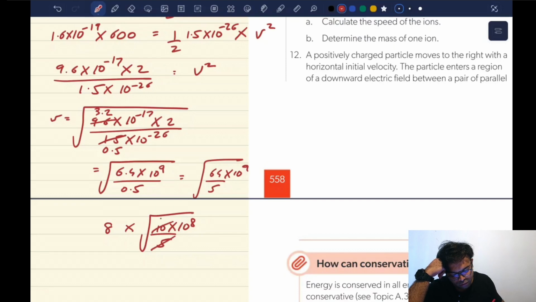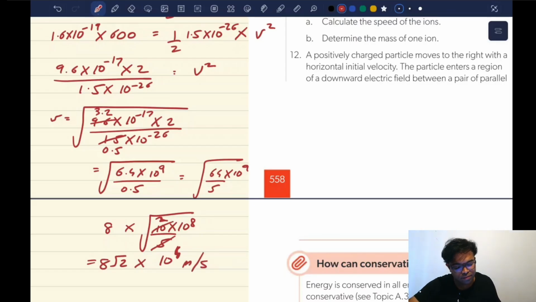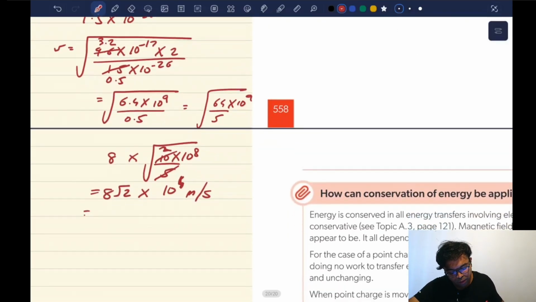This will also get cut off by 2. So I'll be left with 8 root 2 into root under 10 to the power of 4 meters per second. Correct? So 8 root 2 is how much? 8 into 1.414 into 10 to the power of 4 meters per second.